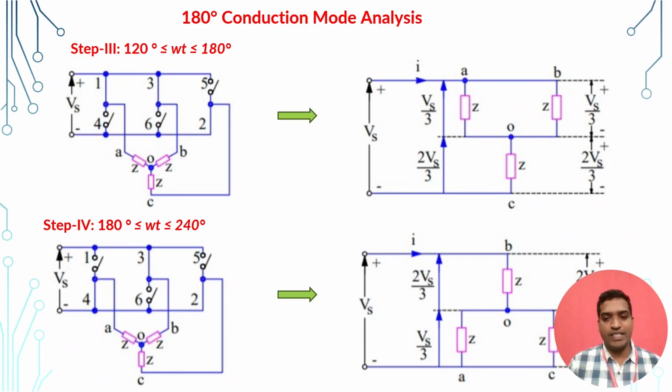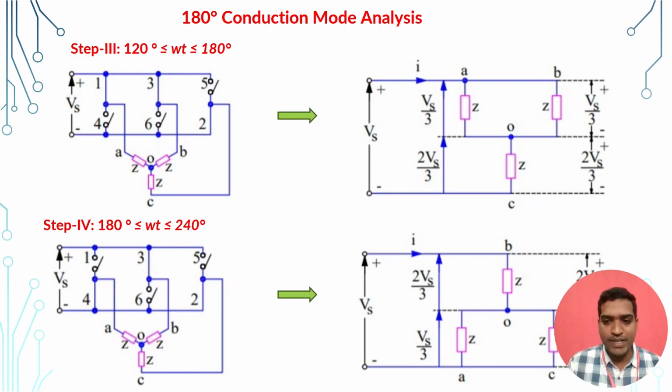Similarly, for the interval from 180 to 240 degrees, here also the switches are conducting: from the positive group is switch 3 and the negative group is 4 and 2. If you draw the equivalent circuit diagram, you can get a diagram like this. In step 4 here, we again have three voltages at every interval, that means three phases: one is VB0, the others are V0A as well as V0C.